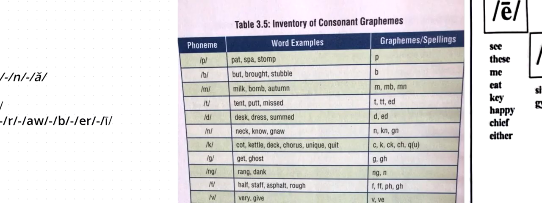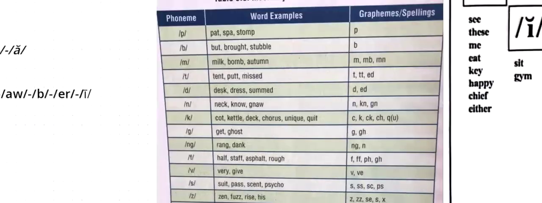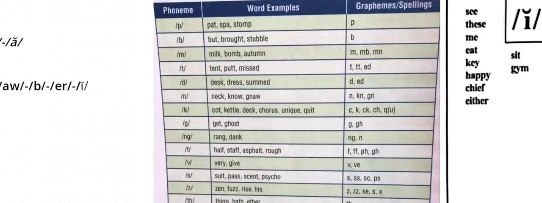And so here are the different sounds and the different ways that they are spelled. T, tint, put, mist. And so these are the ways to spell them. So here are the sounds, and I will go through them. And then these are example spellings of those sounds. And on the right are different ways that we can spell the sound.